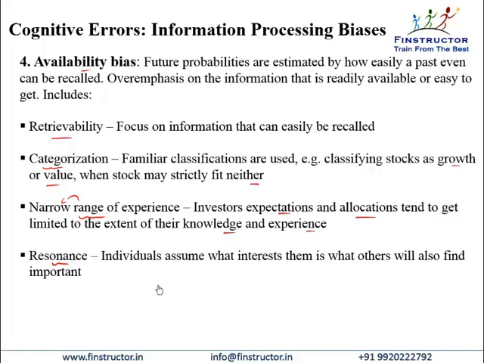Or just because I like retail chains, I assume that everybody else will also like retail chains. Or more specifically, if I like the pizza of a particular store, then I assume that everybody else will also like that. And rather than analyzing the market share trends, etc., I just trade on resonance and I purchase the stock of that store because I like it and I assume that everybody else will also like it, so the stock is a good buy.